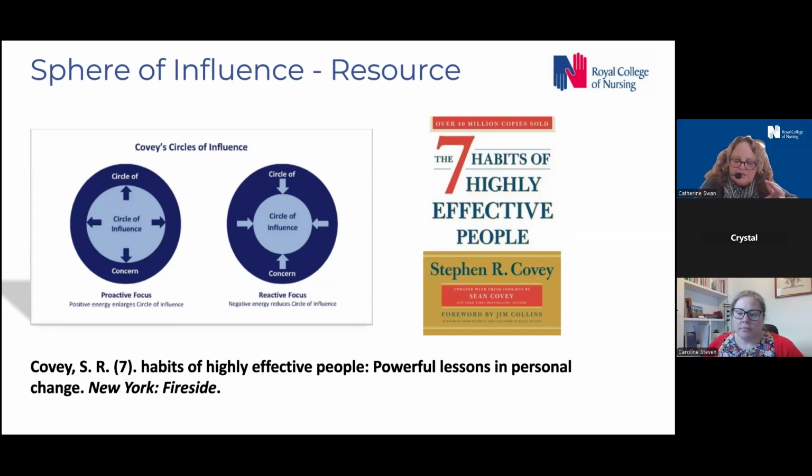And this will probably sit with you when you think about people that you work with, or colleagues or friends. Proactive people are those who focus on what they can do and can influence. So very much, what can I do? How am I going to help this? What do I need to do personally?